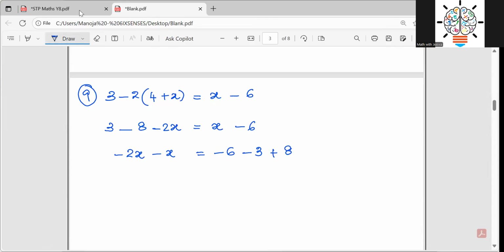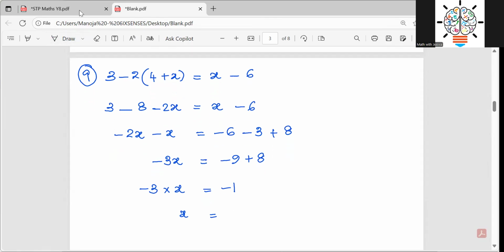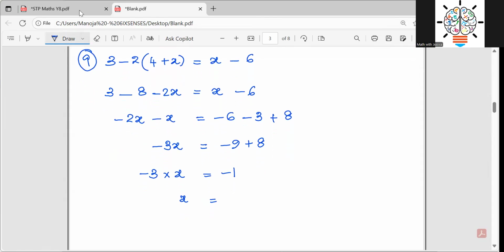Minus 2x minus x, what is the answer, children? Minus 3x. And negative 6 and negative 3 is negative 9, plus 8, and negative 3 times x equal to negative 1, and x equal to negative 1 divided by negative 3, x equal to positive 1/3.